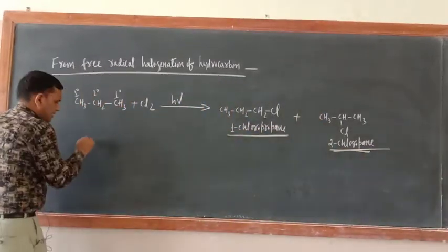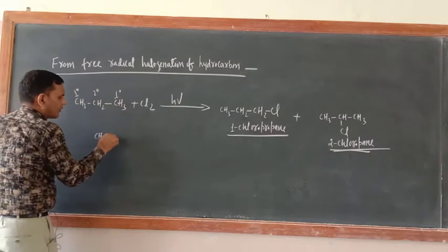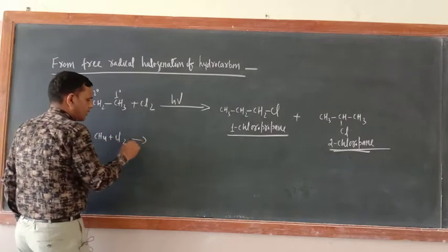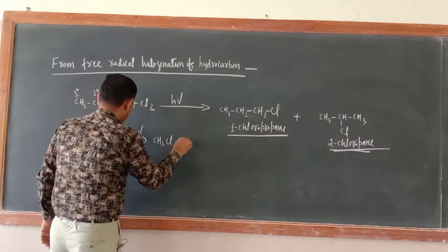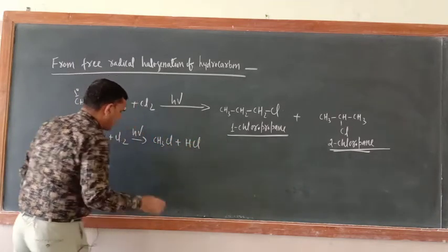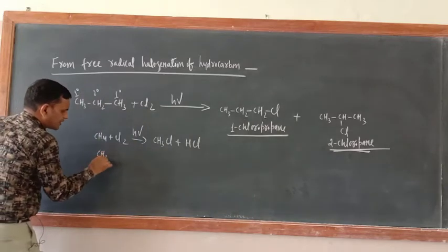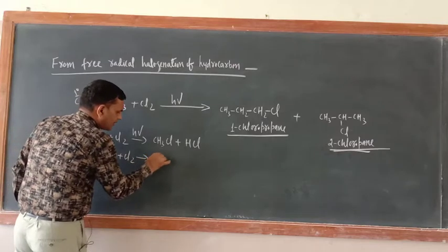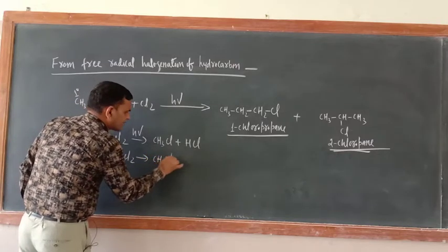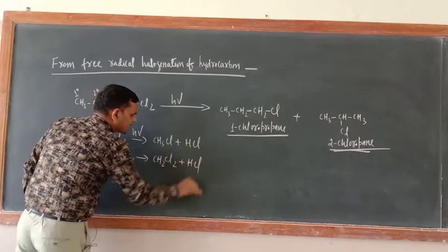Another method, just see this one. CH4 plus Cl2, here also H nu. Here we get CH3Cl plus HCl. Keep on doing this. CH3Cl plus Cl2 gives CH2Cl2 plus HCl.